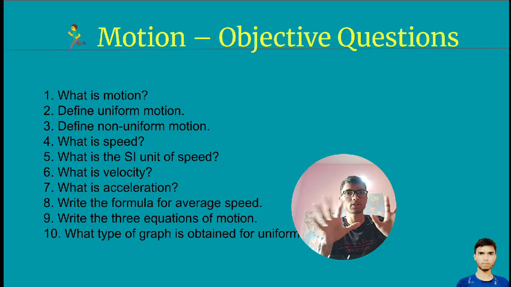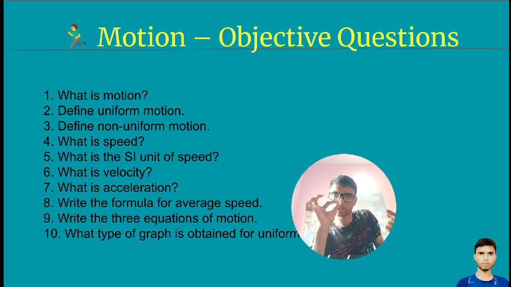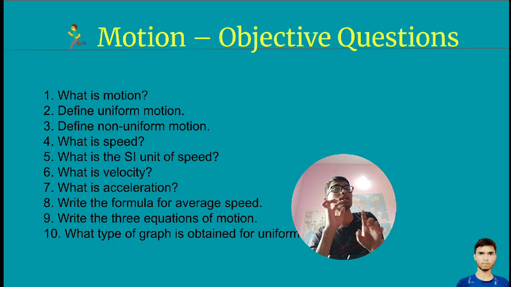Both moved at the same time. Now the first vehicle covered 35 kilometers within 1 hour. Now the next vehicle, B, covered how much distance? Same, 35 kilometers. But how much time did that vehicle take?